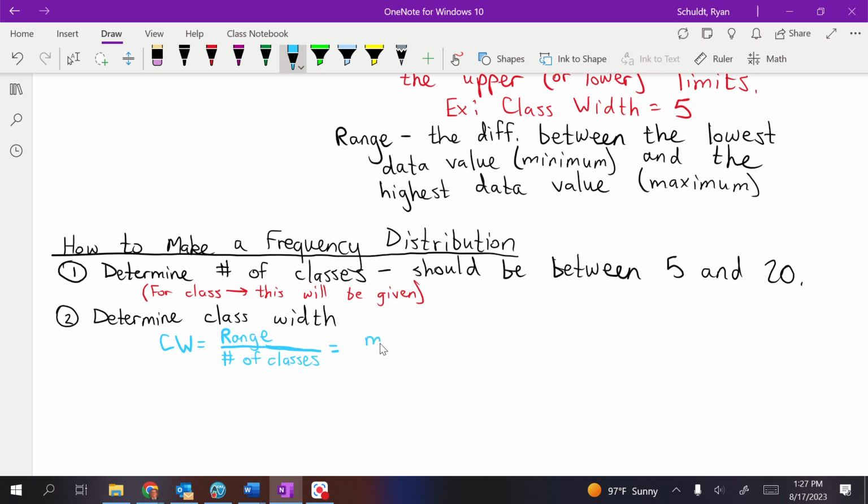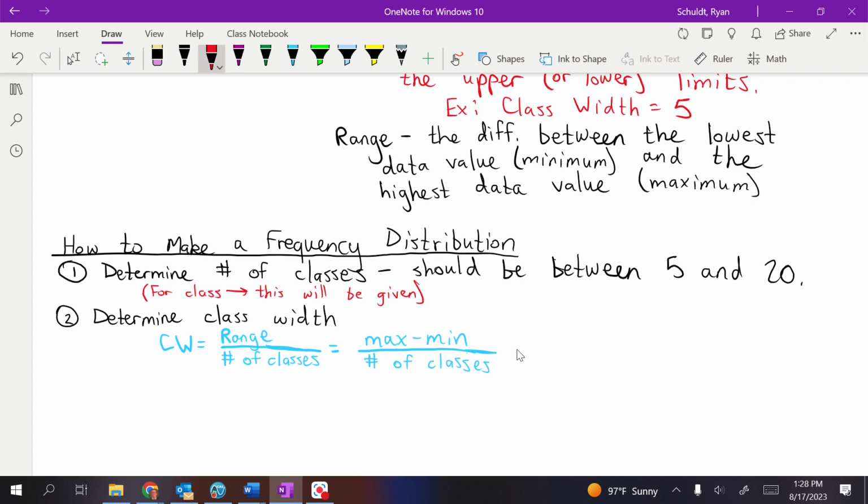So another way we could say this is we take our max minus our min and divide it by number of classes. Once we get our answer, every single time, whole number, decimal, doesn't matter, we're always going to round up to the next whole number.